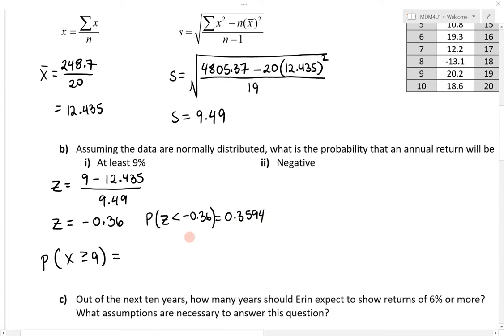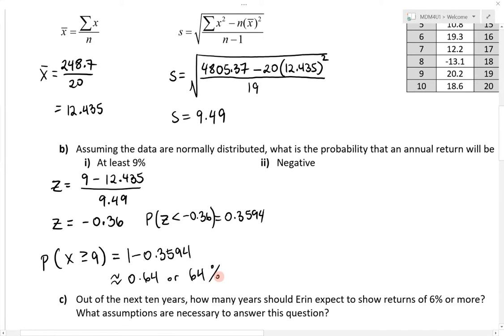So if I was interested in the probability of z being greater than negative 0.36, which is the same thing as saying x is greater than or equal to 9, then I have to do the indirect method. So 1 minus 0.3594, which would be approximately equal to 0.64 or 64%.